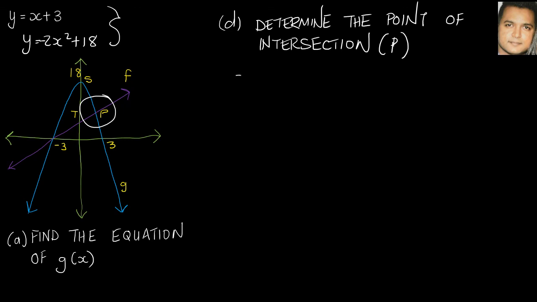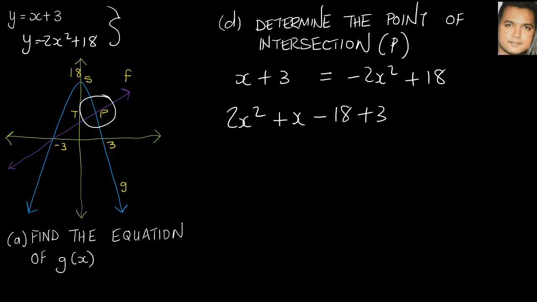So I'll have x plus 3 is equal to minus 2x squared plus 18. So let's bring everything onto one side. We have 2x squared plus x minus 18 plus 3 is equal to 0. So we'll have 2x squared plus x minus 15 is equal to 0.